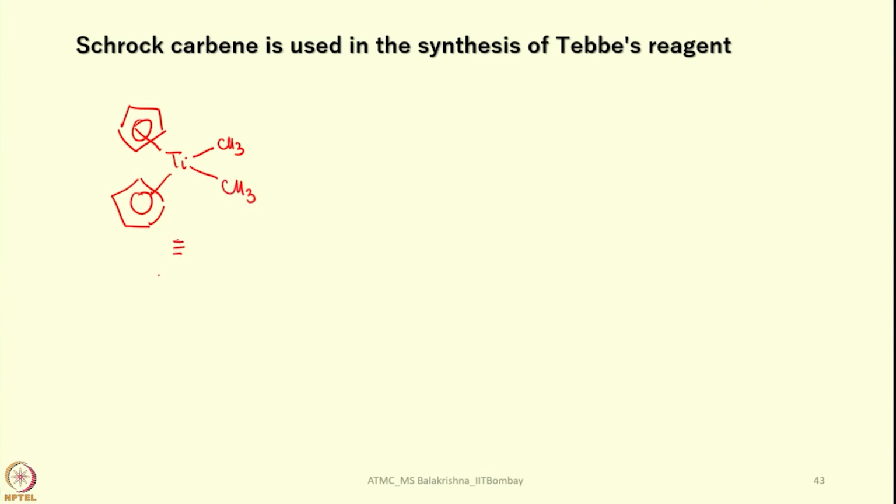Later I am going to write this in this fashion, it is understood that it is eta 5 here. For simplicity I will write this entire moiety as Cp2Ti. When you treat this with trimethyl aluminum, one can also write it in a dimeric state, then you have to take half an equivalent of it.